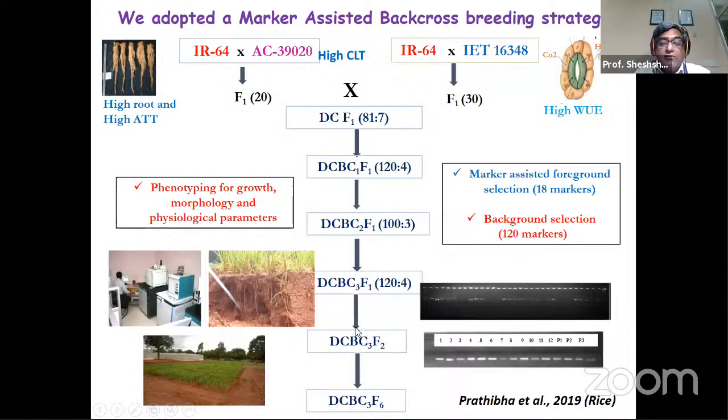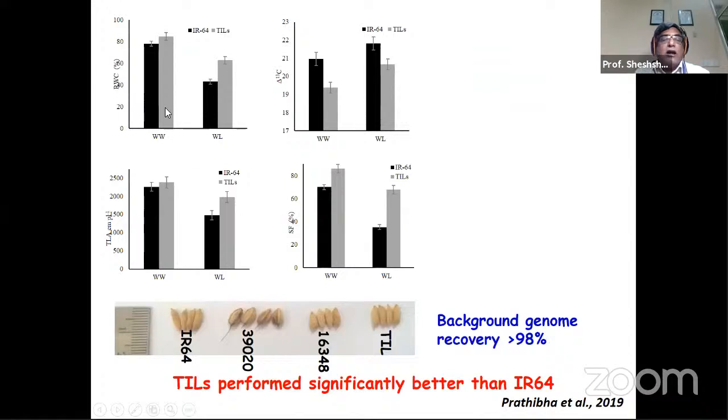And then we allowed it to self, and developed BC3 F6 lines. At this stage, they had almost 98% of the IR64 genome recovered, plus the foreground markers that we had transferred for the root as well as the water use efficiency into the same IR64. And what we did was to now measure a large number of traits, including spikelet fertility.